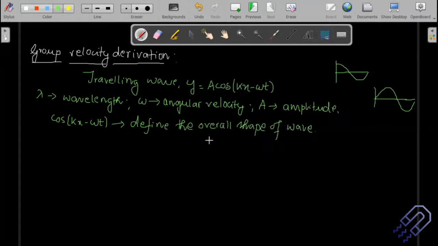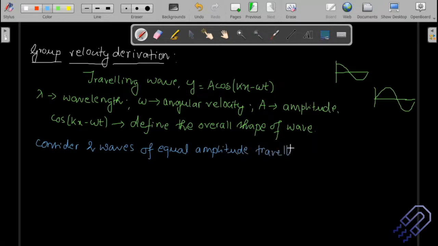That's very important. So what we are going to do now is derive a relation for group velocity, and for that we are going to consider two waves. So let's do it. Let's consider two waves of equal amplitude traveling in the positive direction.